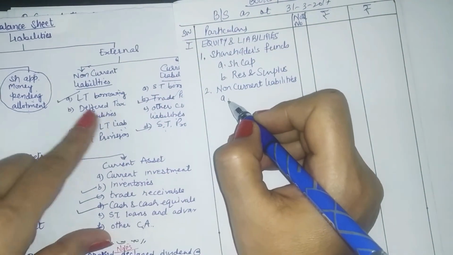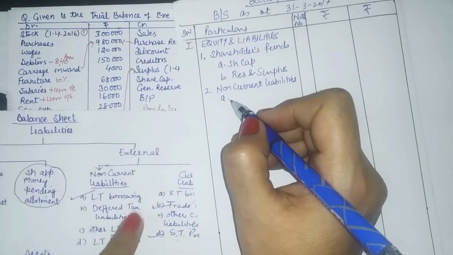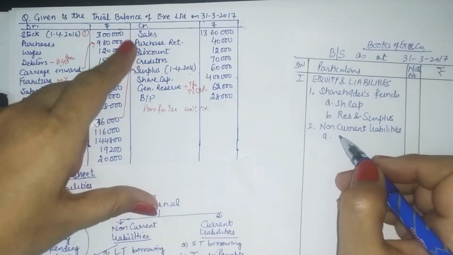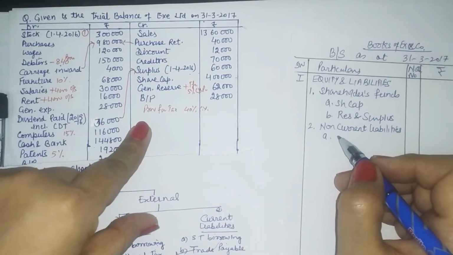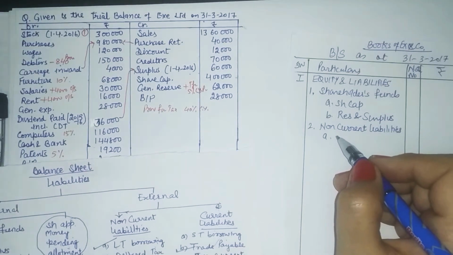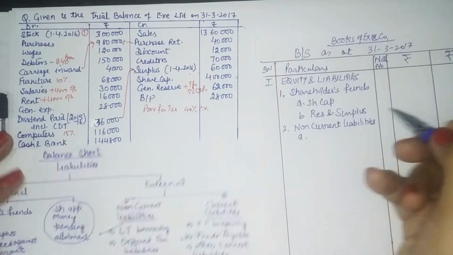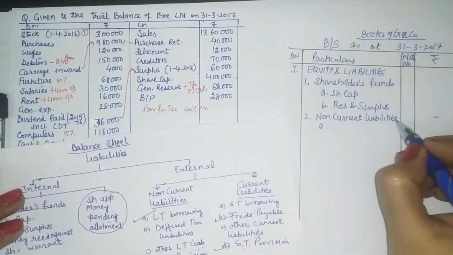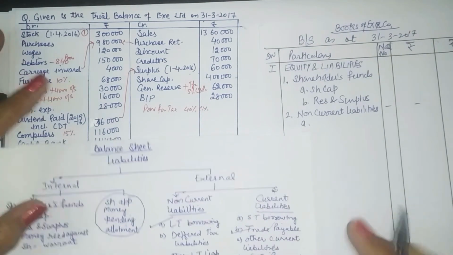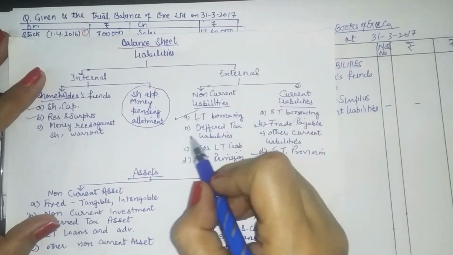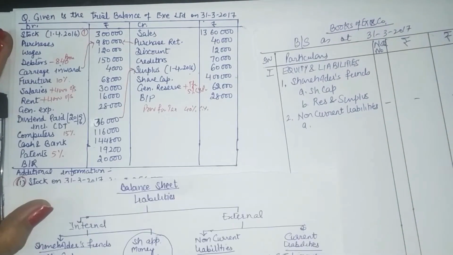Now, do we have long-term liability, long-term borrowing? When we saw here, there is no debenture or long-term loan, which means that we do not have any non-current liabilities. So we could have got away with leaving this category also. Deferred tax liability, there is no long-term liability here.